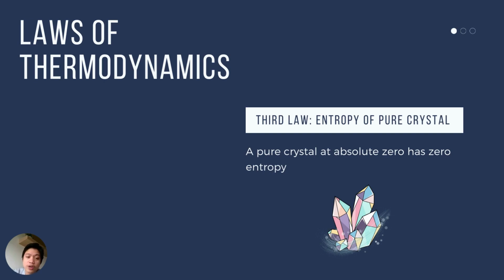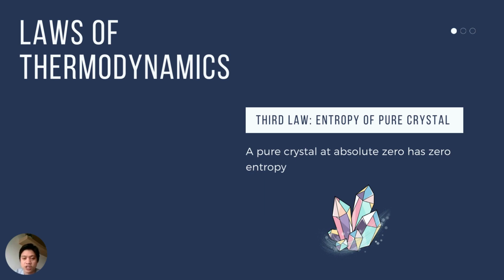The third law and the fourth law will be talking about entropy. So if we use the term entropy, we are referring to the degree of disorderliness of a system.